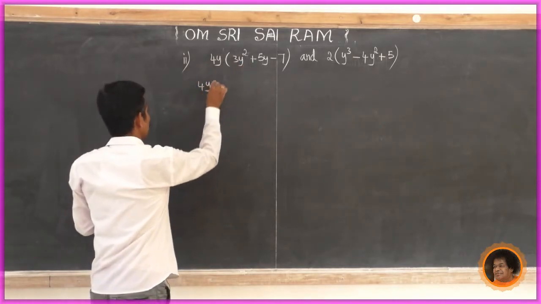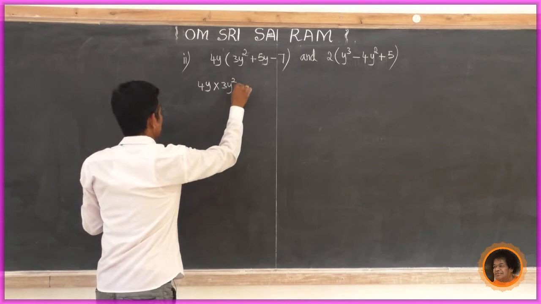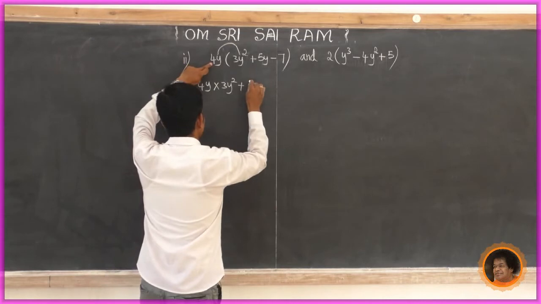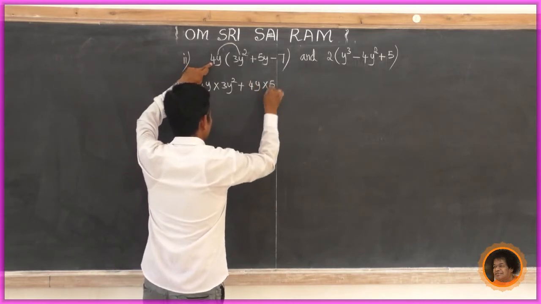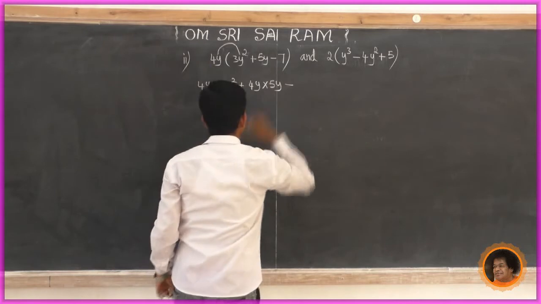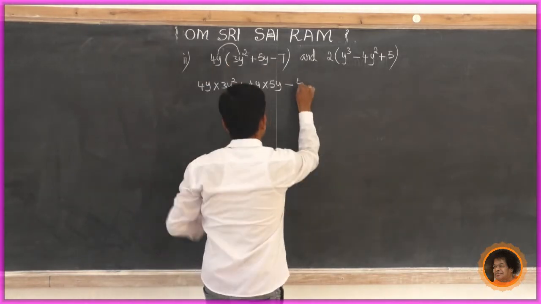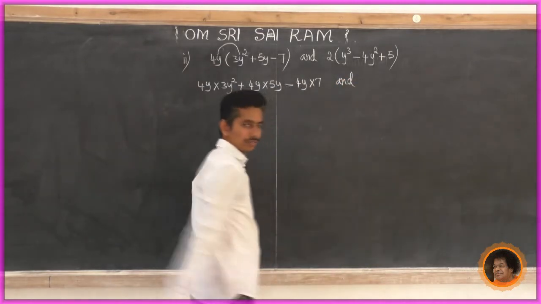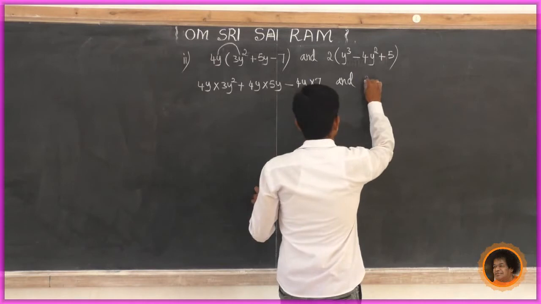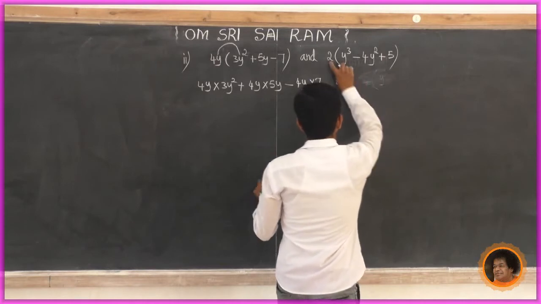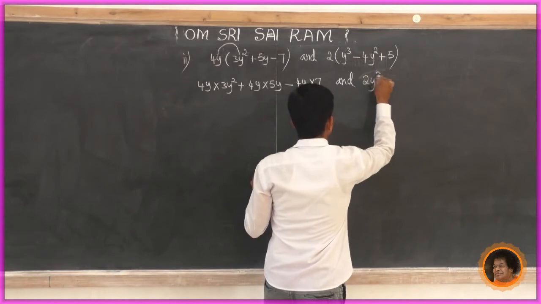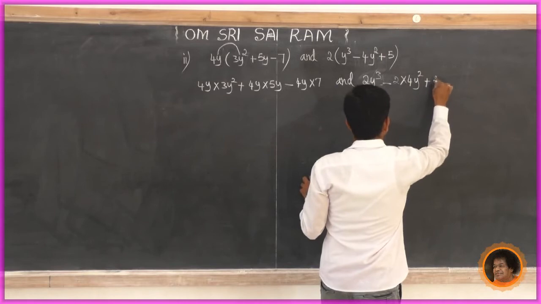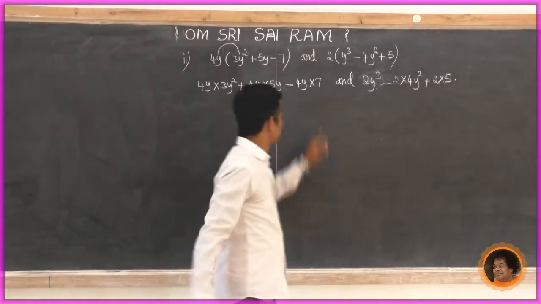First it is 4y into 3y squared, then 4y into 5y, minus 4y into 7, then write 'and' as it is, and 2 into y cube, it is 2y cube, minus 2 into 4y squared, plus 2 into 5, because it is also a monomial.